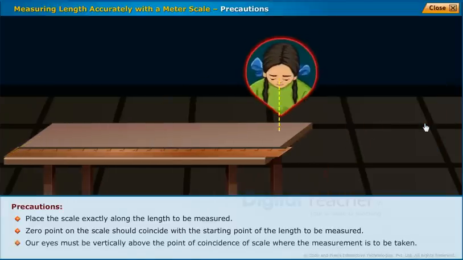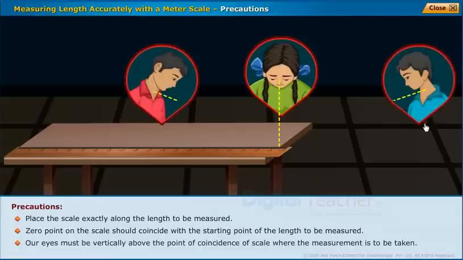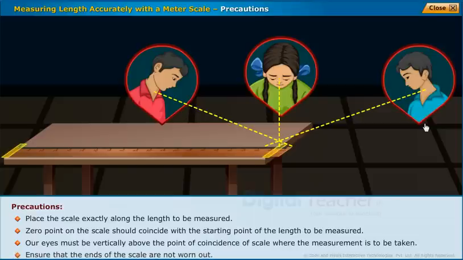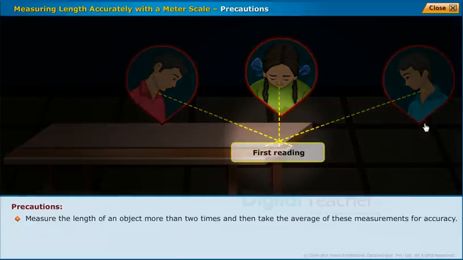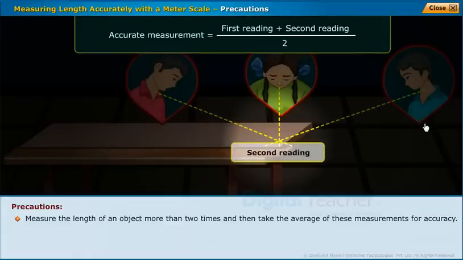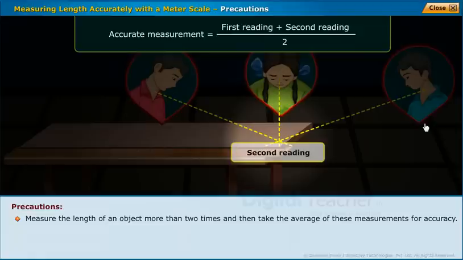Our eyes must be vertically above the point of coincidence of the scale where the measurement is to be taken. Ensure that the ends of the scale are not worn out. Measure the length of an object more than 2 times and then take the average of these measurements for accuracy. That is, accurate measurement equals first reading plus second reading divided by 2.